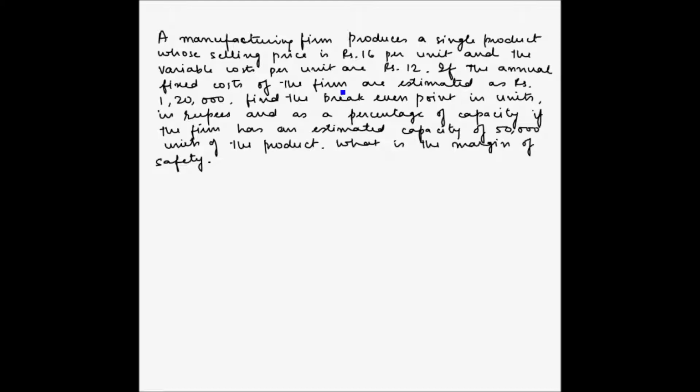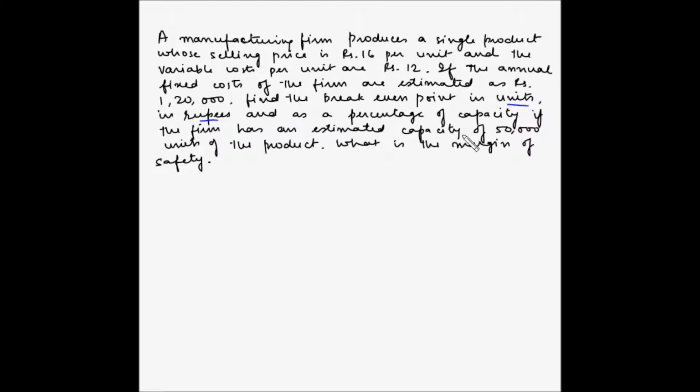So the firm has a fixed cost of rupees 1,20,000 per year. This is the cost towards the rent or lease of the building, cost of the machinery if they are on lease, and so on. And we have to find out the break-even point in terms of units, then in terms of rupees, and also as a percentage of capacity.